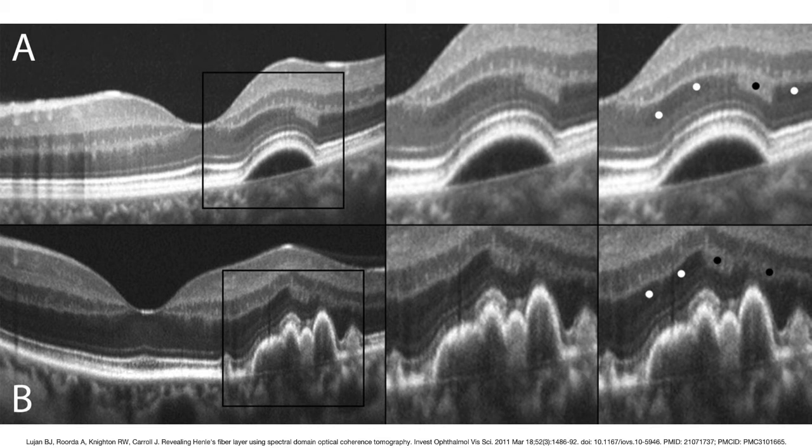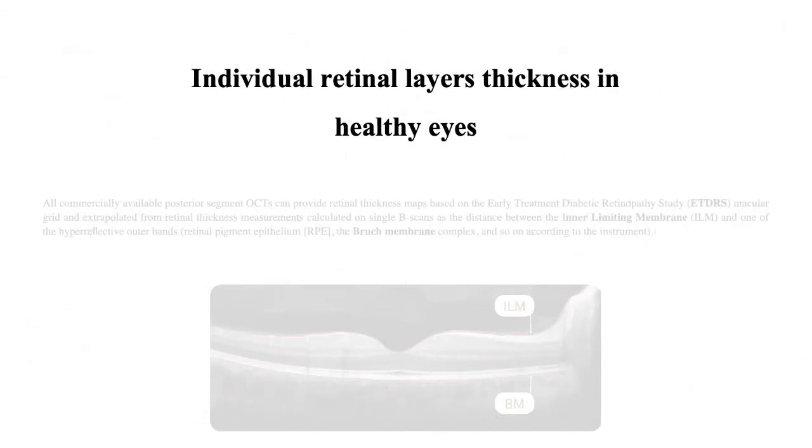This particular part is the Henle fiber layer, because the incident light is different, so the reflectivity of this particular layer shows up. Similar cases are presented in panel B, where we have a sort of disruption of the outer retinal layers, and so the presence of this particular pattern.